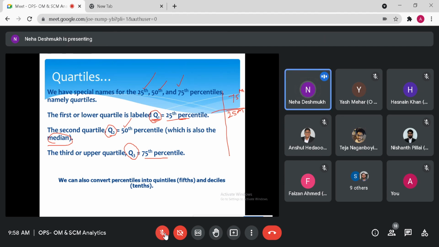It is the relative position of your total marks, right? Same thing is here. It's the percentile system. Relative position of 25th percentile means what? 25% values are below that value and 75% values are above that value.